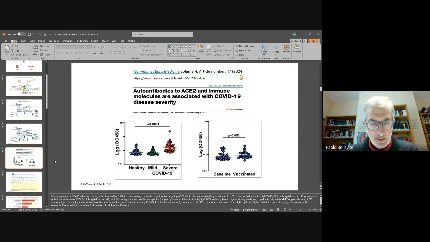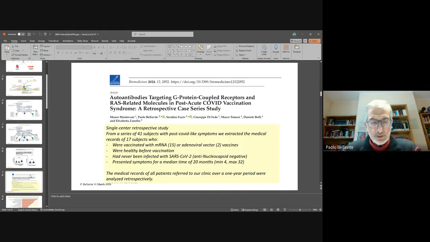As autoimmune disease in COVID has received attention, several studies have begun to examine whether SARS-CoV-2 and its vaccine can lead to autoantibody production.